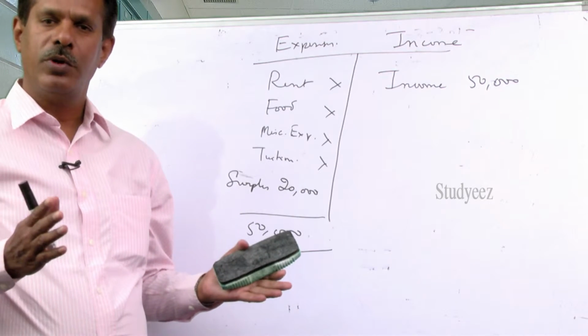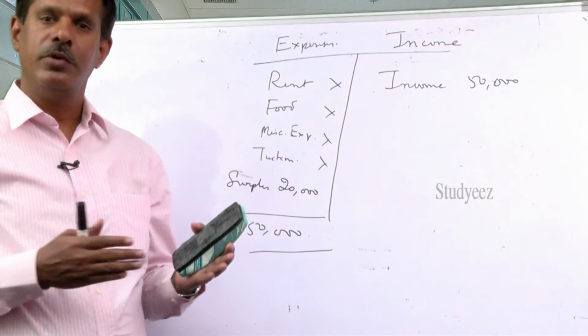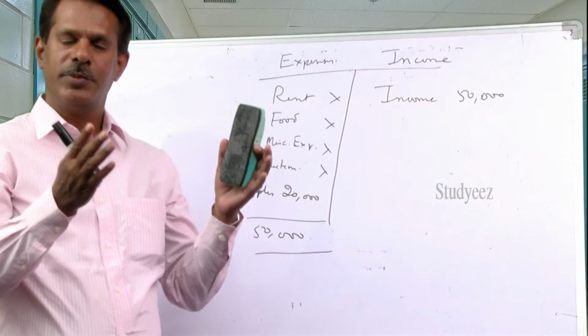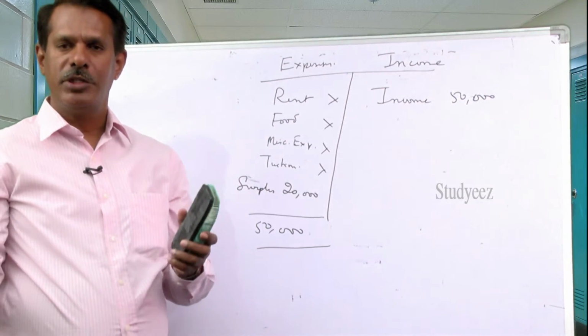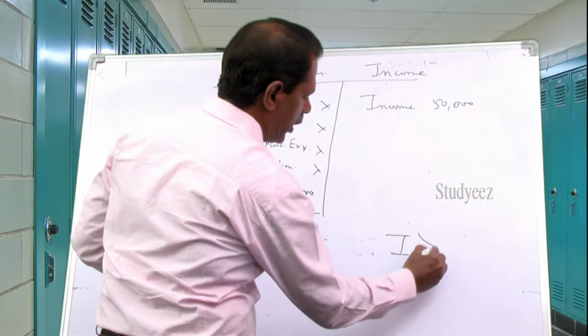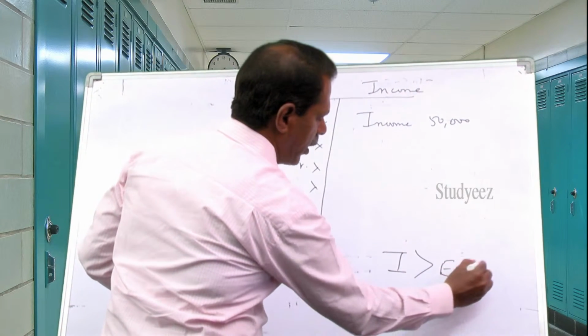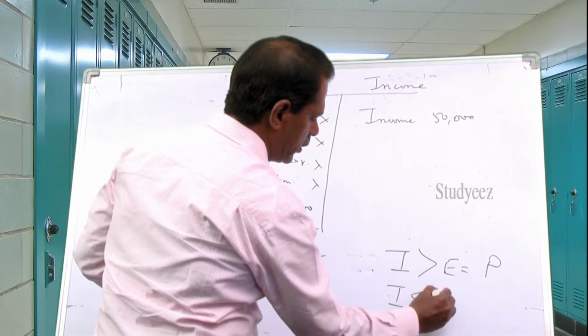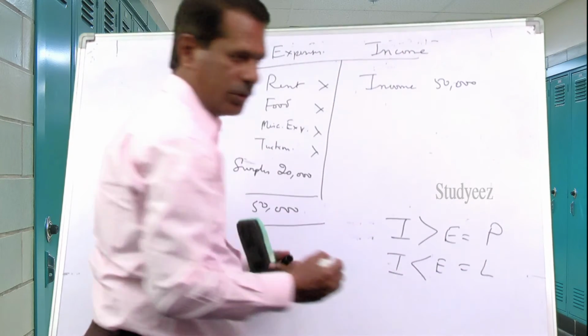So at the end of the month, they do the accounting and find out what is their total income for the month and what are their total expenses for the month. If the income is more than expenses, then they make what is called as profit. If the income is less than expenses, then they make loss.